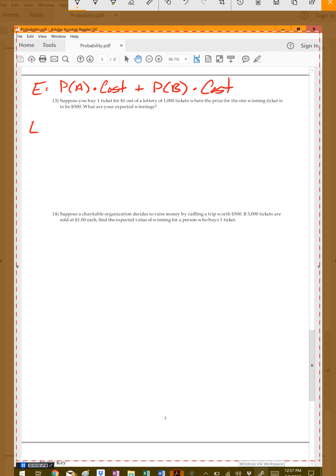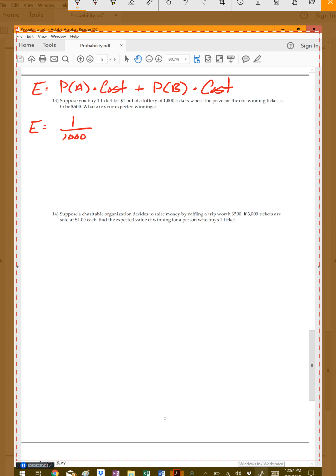So our expected value on this first one, it says, suppose you buy one ticket for $1 out of a lottery of 1,000 tickets, where the prize for the one winning ticket is to be $500. What are your expected earnings? So you buy one ticket for $1 out of a lottery of 1,000 tickets. So your chances of winning are 1 in 1,000.